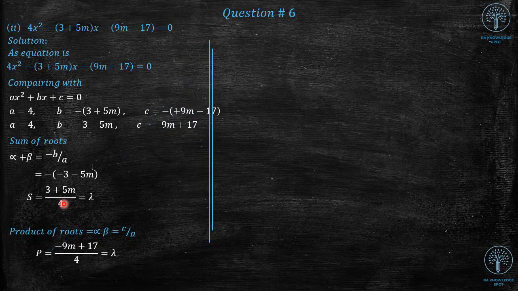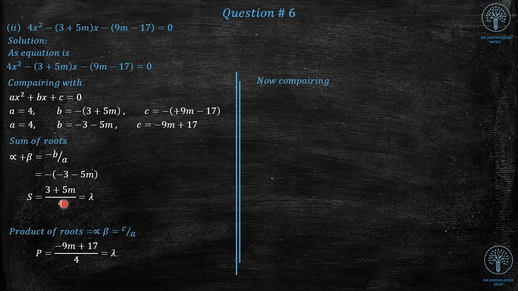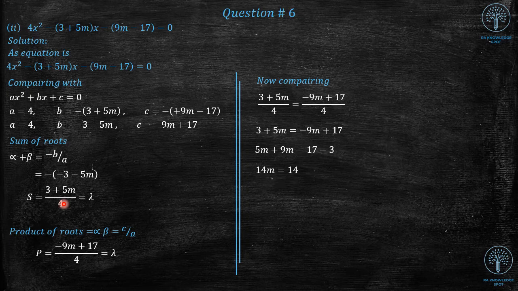The product of roots is also equal to lambda. Now comparing these two equations, they are equal. Now this 4 is going to be cancelled with this 4 because they are the same. Some more simplification, and here you have the value of m.